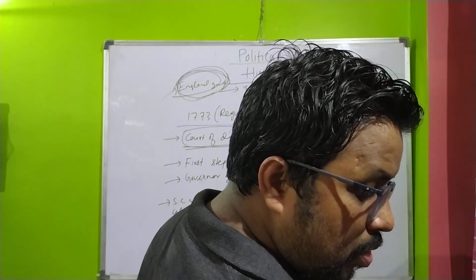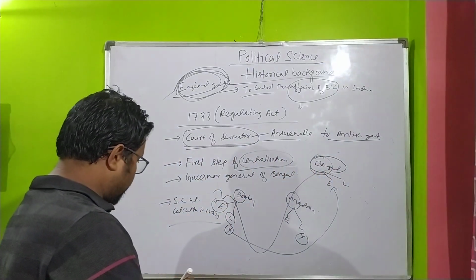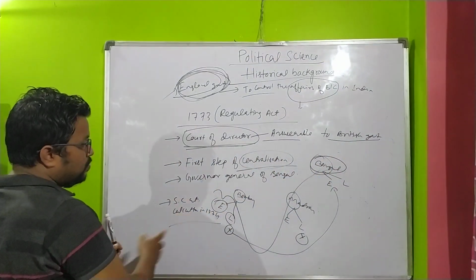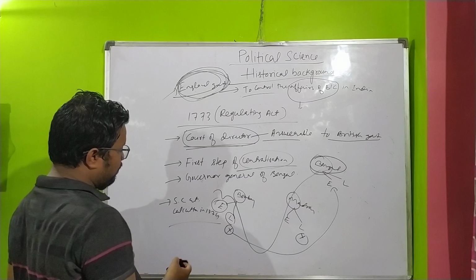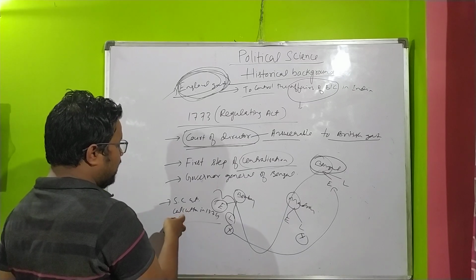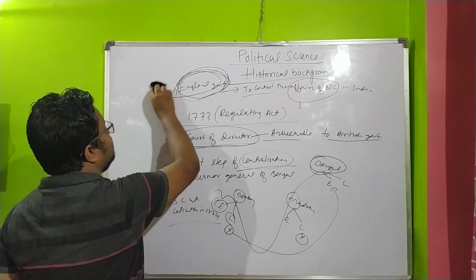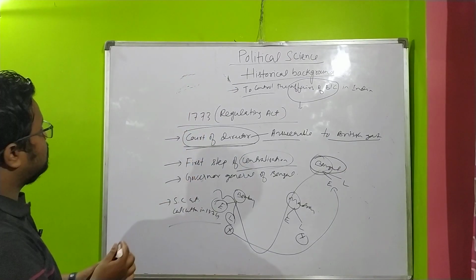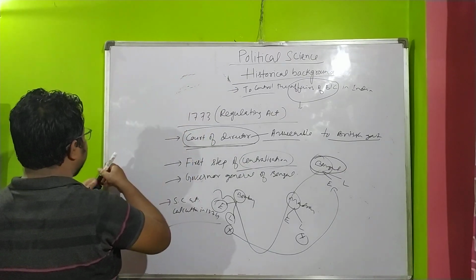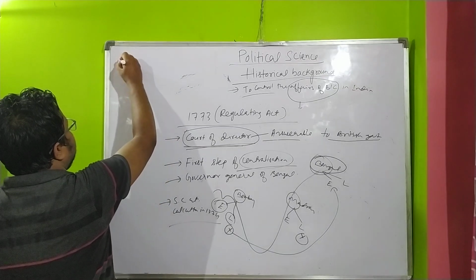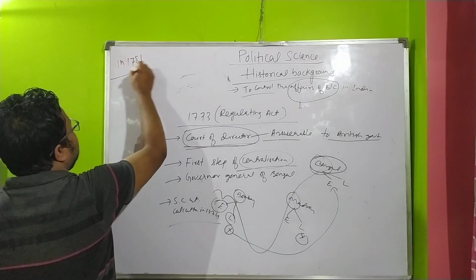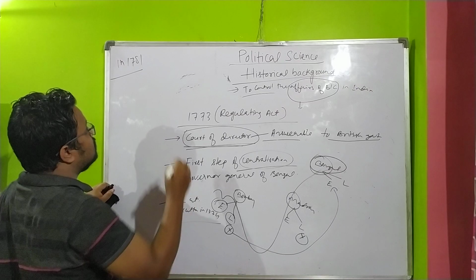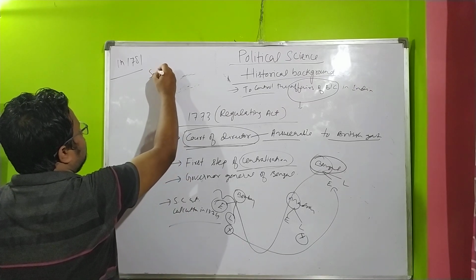Now what happens in 1781? Because of the establishment of the Supreme Court in India, an act was passed in British Parliament in 1781, that is the Settlement Act.